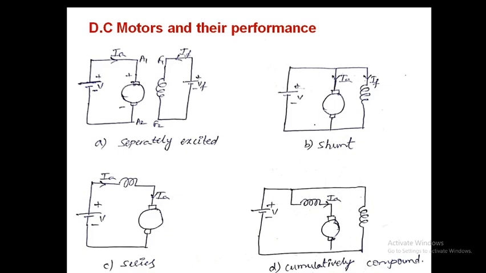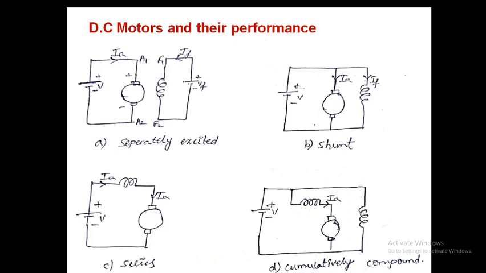If you see figure A, the separately excited DC motor, the armature and field are both separately connected to the DC supply. Your armature is connected with V and your field is connected with VF.